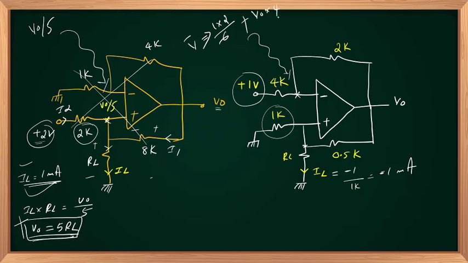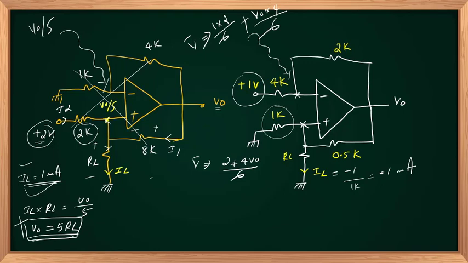So your V minus is nothing but 2 plus 4 V out by 6, and that will appear as your V plus.